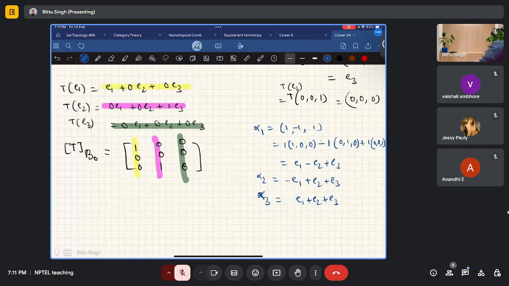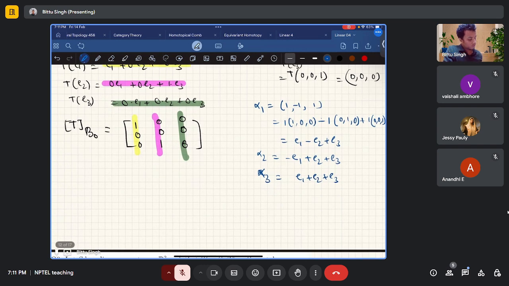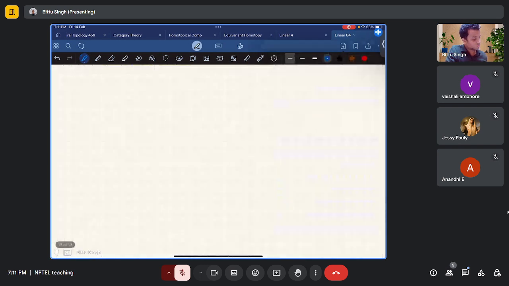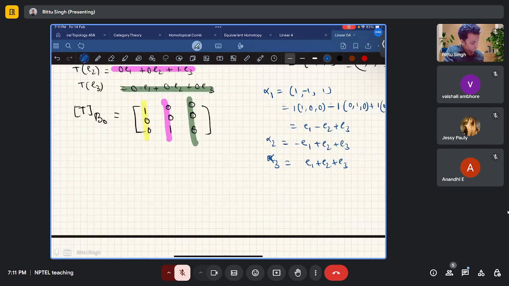From those data, we first write the change of basis matrix. So the change of basis matrix P is the same as, again we put those data in the columns. So it is 1, minus 1, plus 1; minus 1, plus 1, plus 1.